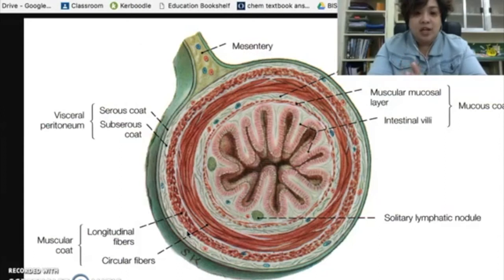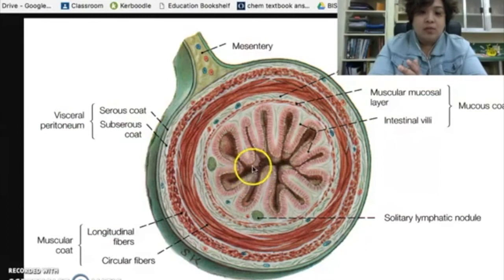Now, the question is, what are the physiological processes that happen here in the small intestine? Before I list them for you, please imagine that your food is passing through here, this empty space, and it needs to go where? To your blood circulation.